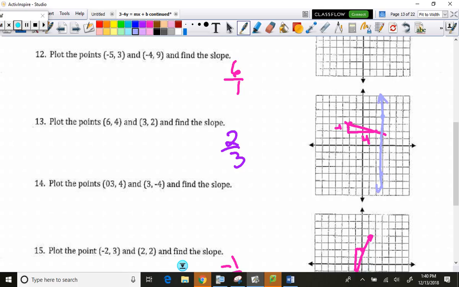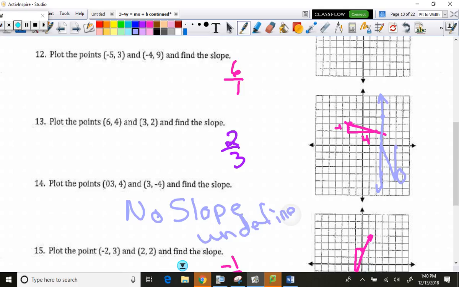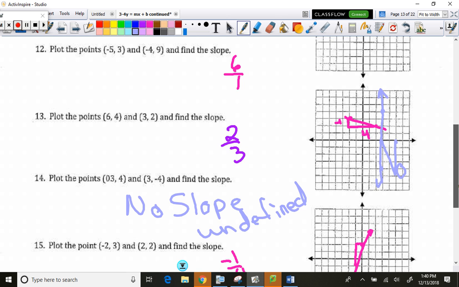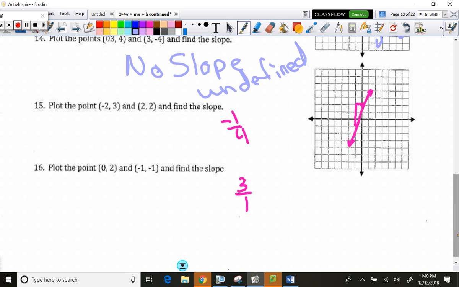We need to remember that a vertical line we can make into the letter N for no slope. So the slope is no slope or undefined. So then there's the rest of the answers, -1/4 and 3/1.